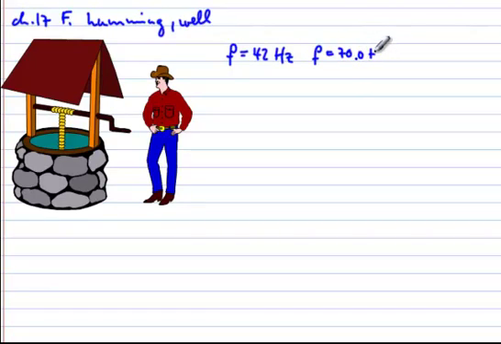For some reason they throw in a 3 significant figure data point, and then f equals 98 hertz. None of these are labeled because they explicitly say that 42 is not necessarily the fundamental frequency. Speed of sound, as usual, is 343 meters per second.